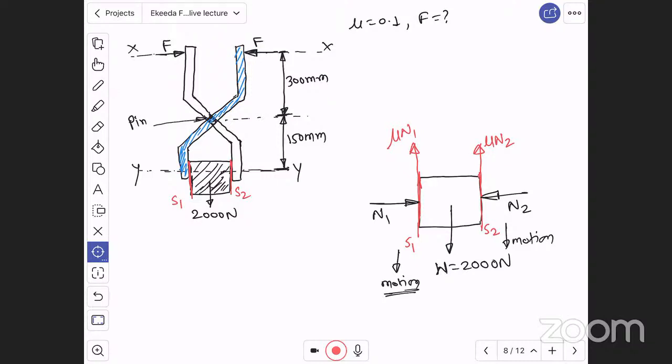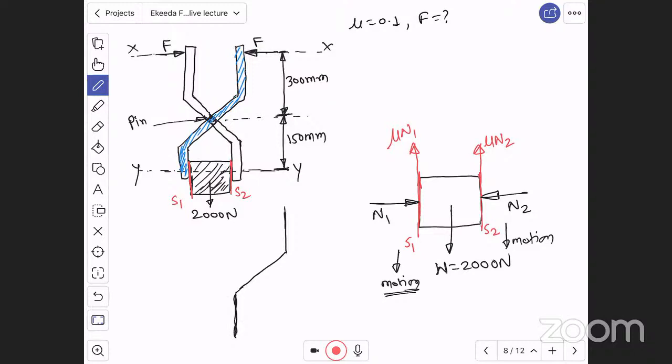Try to imagine the arrangement. Now, this is the arm. Here I am drawing the arm, another arm, with this arrangement.